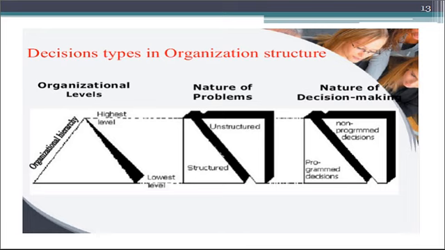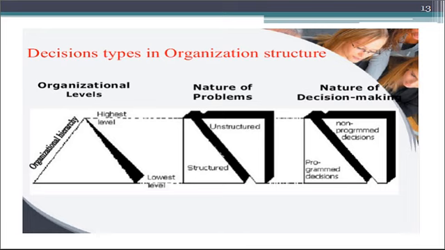Now, the nature of the problem. As we have discussed, a problem is either structured or unstructured. Structured means we already have a predefined procedure to tackle that problem. Such a problem can be easily handled by the lowest level people because they already have a well-documented solution. So structured decisions may be taken at the lowest level.